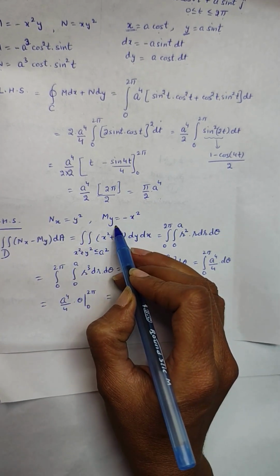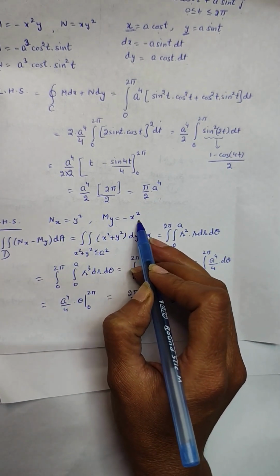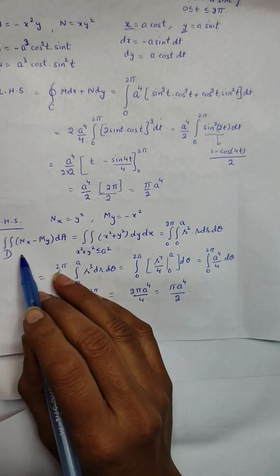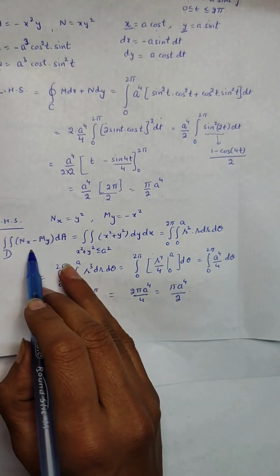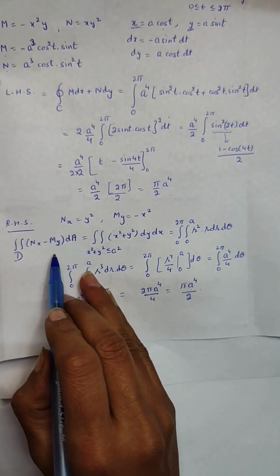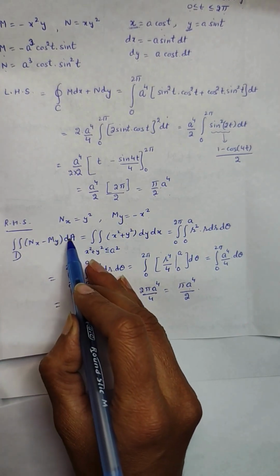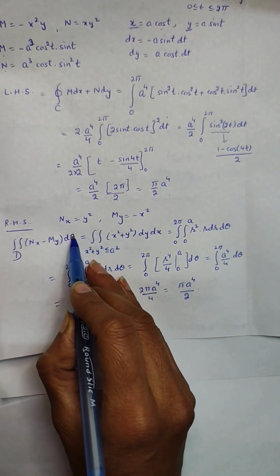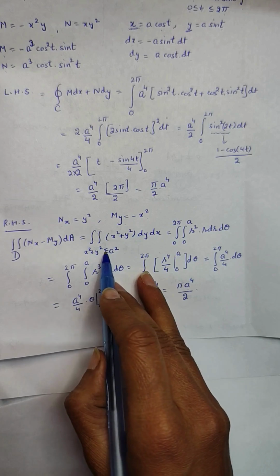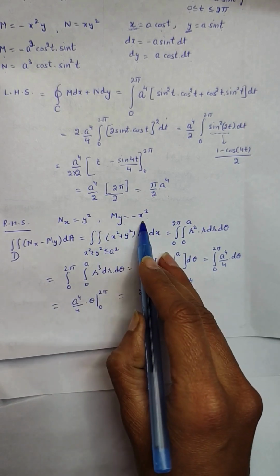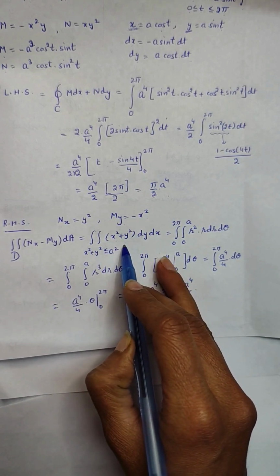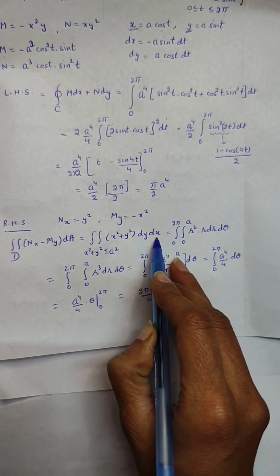Partial derivative of m with respect to y is minus x square. So the formula for the circulation using Green's theorem is double integral of nx minus my over this area dA. So this is equal to x square plus y square dy dx.